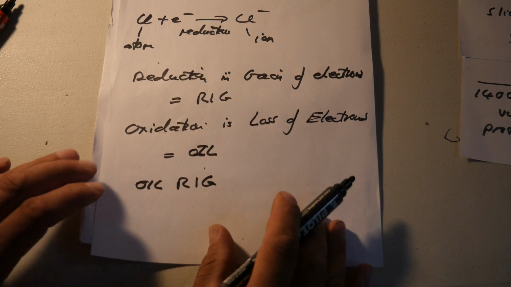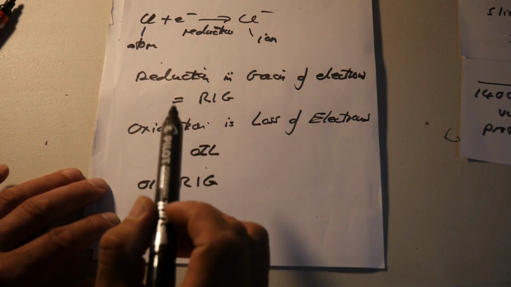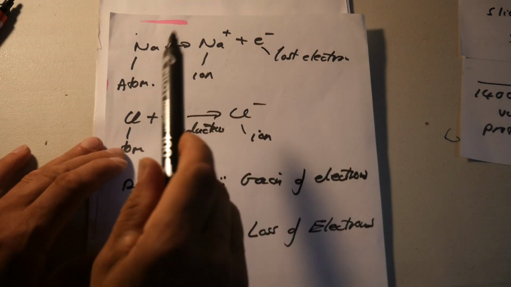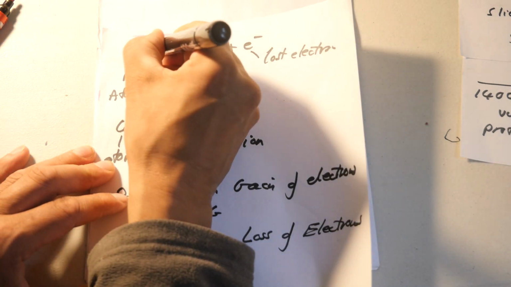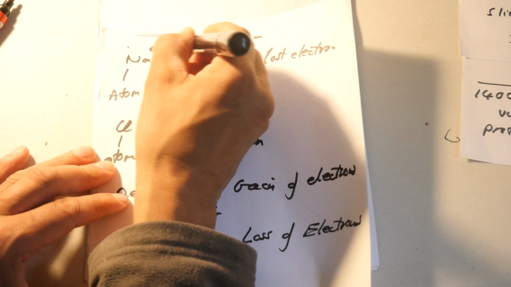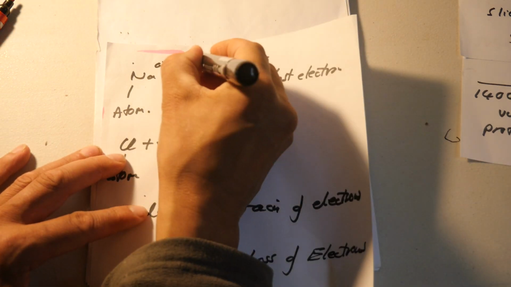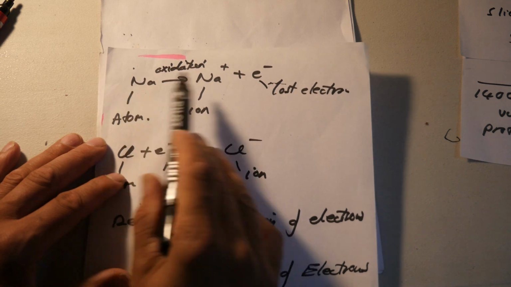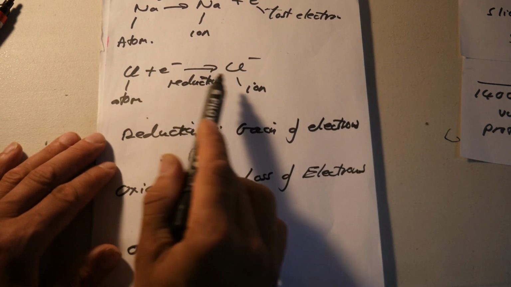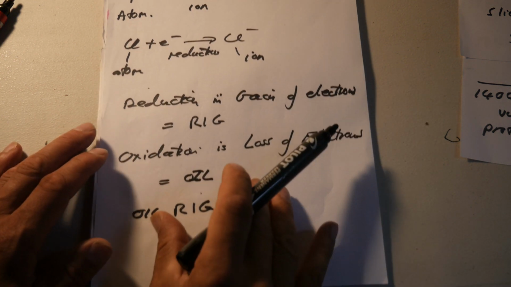It means, as I said, oxidation, this is oxidation, okay? Oxidation, the sodium loses an electron. So that's loss. Reduction is gain of electron, the chlorine gains an electron.